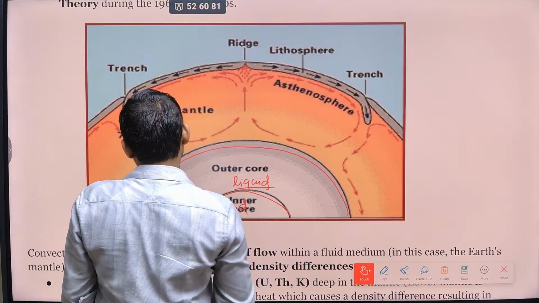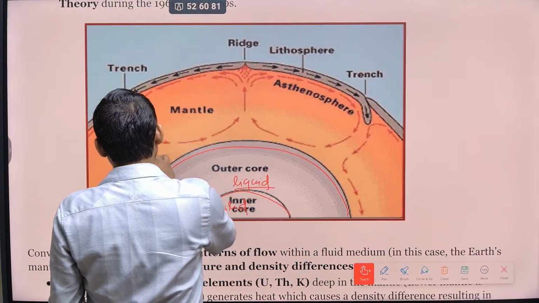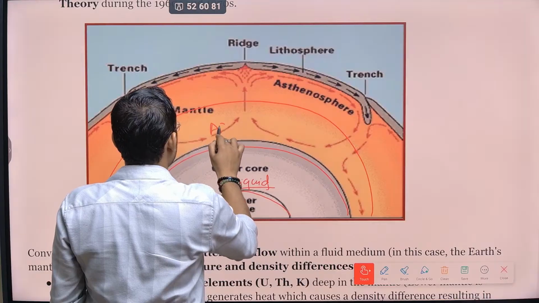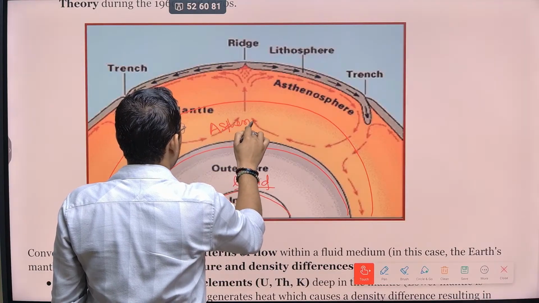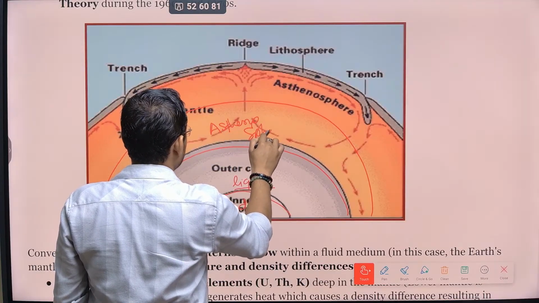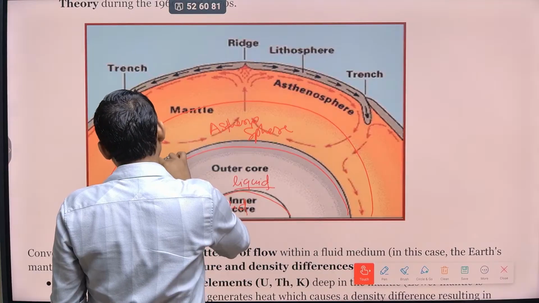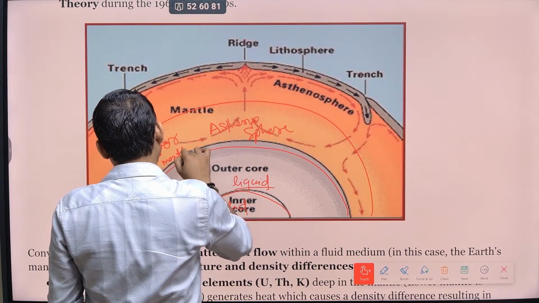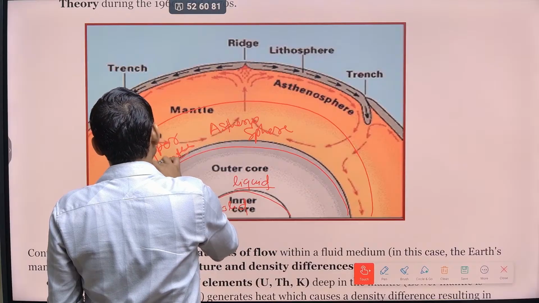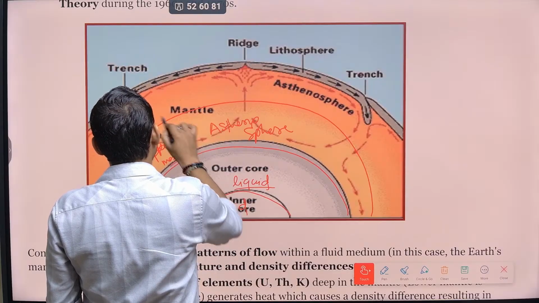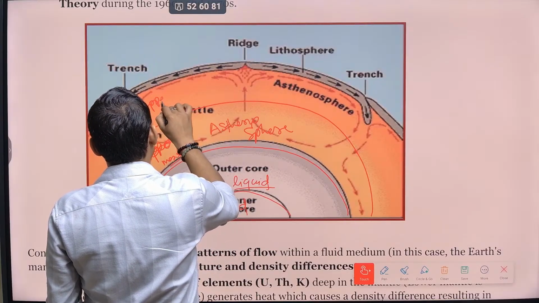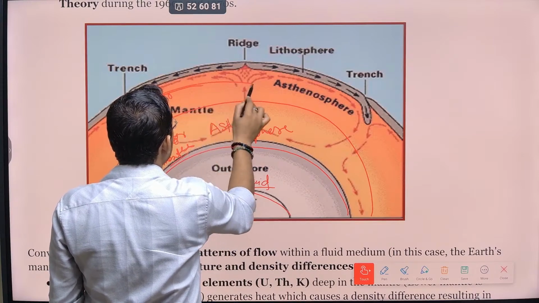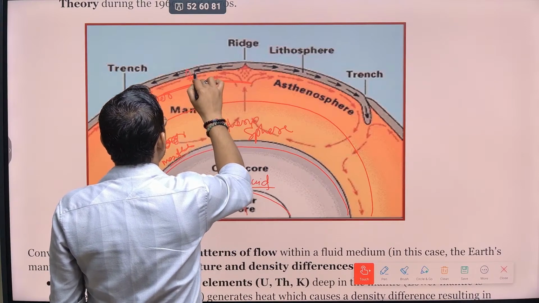Then this is the upper mantle, and this is the lower mantle. Sorry, this is the lower mantle and this is the upper mantle, and the top portion of this layer is called the lithosphere.